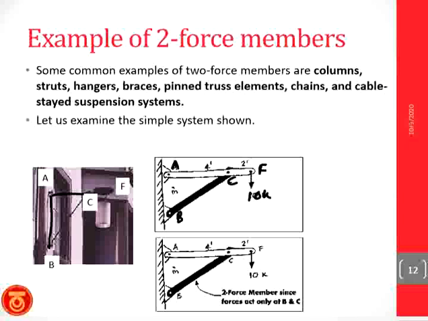So for this one, BC is a two-force member, since forces act only at B and C. And this one, we have a reaction here.